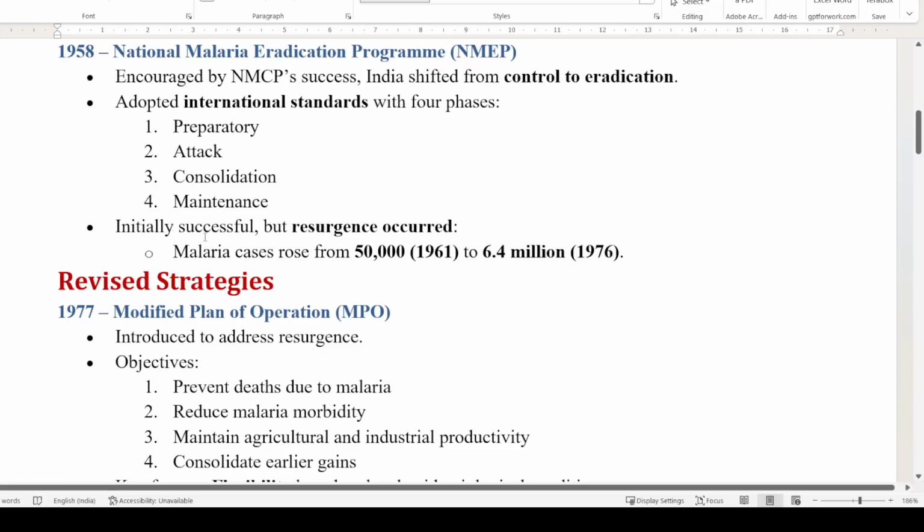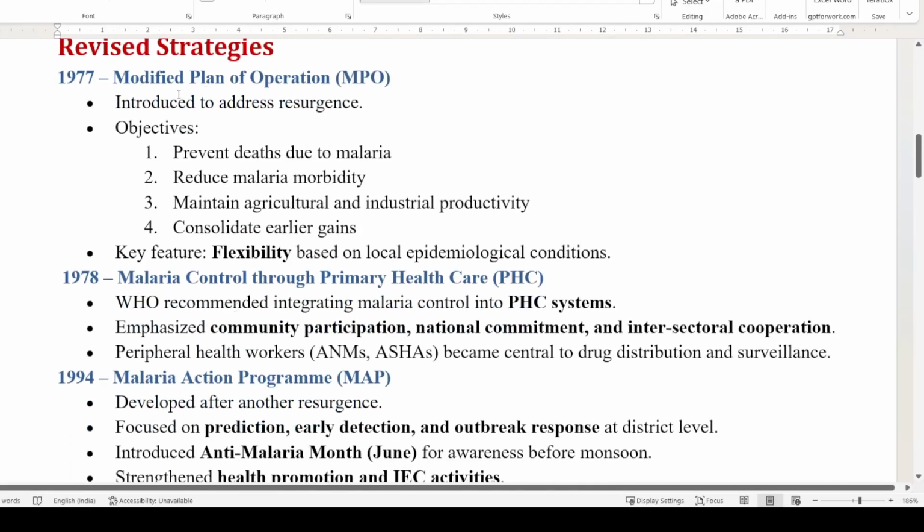Initially it was successful, but resurgence occurred, like malaria cases rose from 50,000 in 1961 to 6.4 million in 1976 again. Now, what happened? Nobody knows. Then, in 1977, the MPO program came, that was the Modified Plan of Operation.